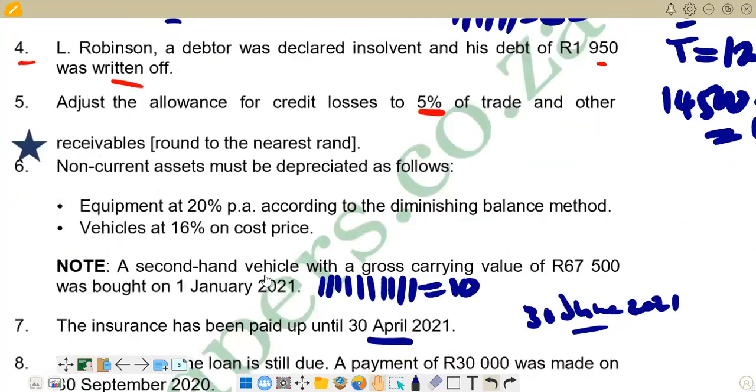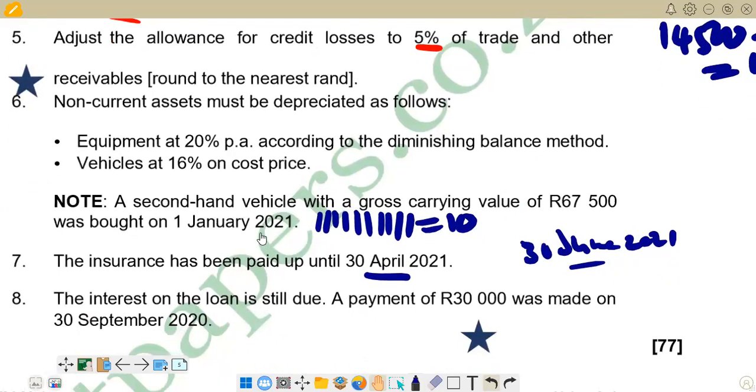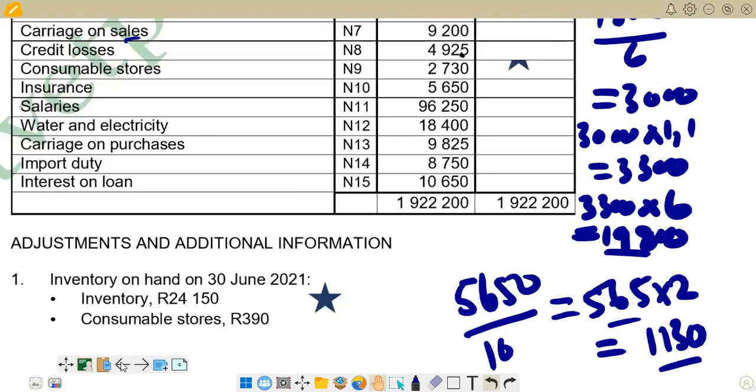We are still checking for salaries. There's nothing. So if you have such a scenario that we don't have any adjustment in terms of an expense, we are just going to check the figure that we are given in the list of balances as it is, and put it in the statement of comprehensive income. So for salaries, we are just going to put 96,250.